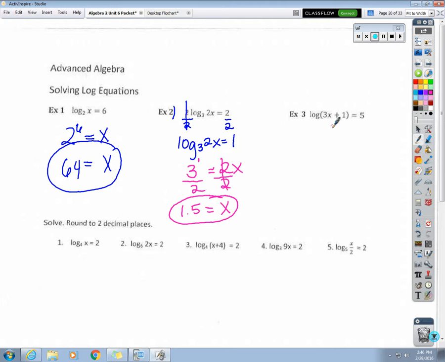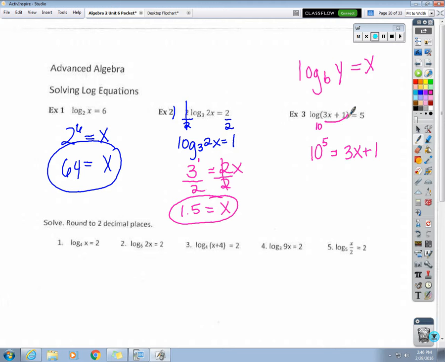Okay, for example 3, what is the base? 10. Okay, so when I rewrite it into exponential form, what will it look like? What will go 10 to the? Correct. Okay, look. Log base b of y equals x. The base is 10.